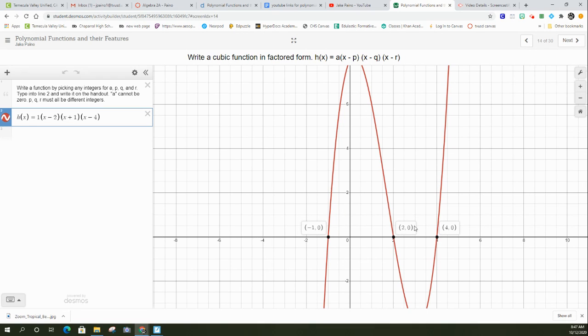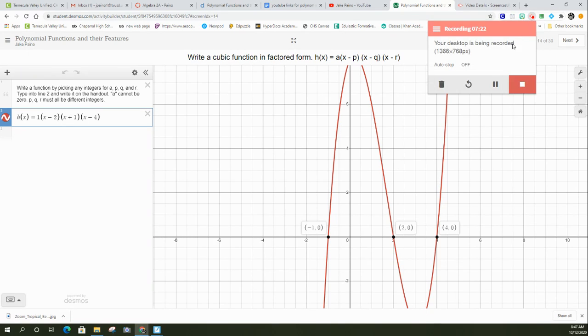So look at what those do to my factors. They make each of my factors equal to 0. So we know that the zeros are related to the factors. They are what make each factor equal to 0. -1 makes x plus 1 zero. 2 makes x minus 2 zero. And 4 makes x minus 4 zero.